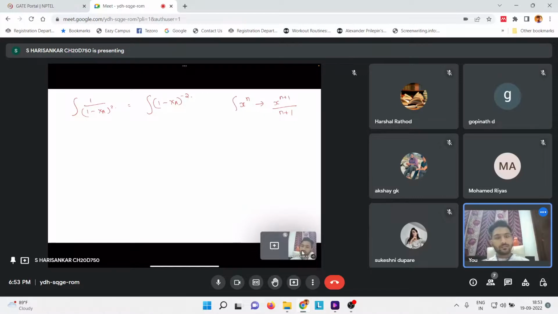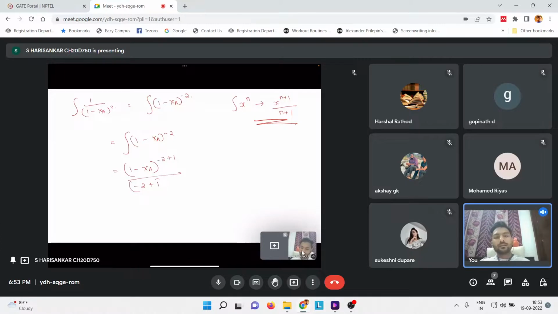This is the integral of x raised to n. So you just have to apply this here also. So this will become integral of 1 minus xa the whole raised to minus 2, and this is basically 1 minus xa the whole raised to minus 2 plus 1 by minus 2 plus 1.